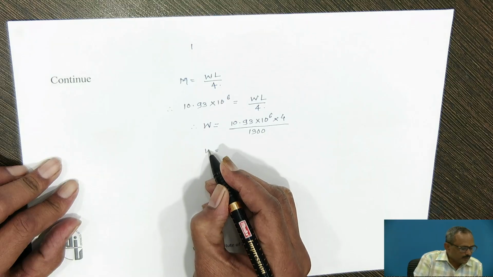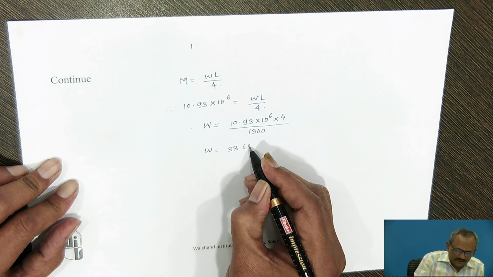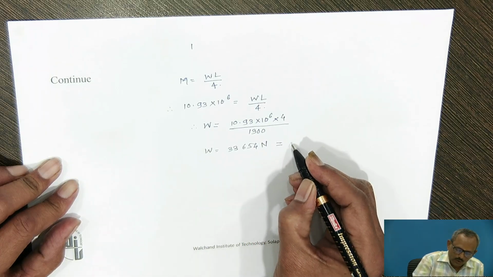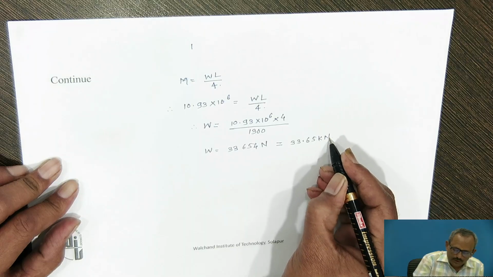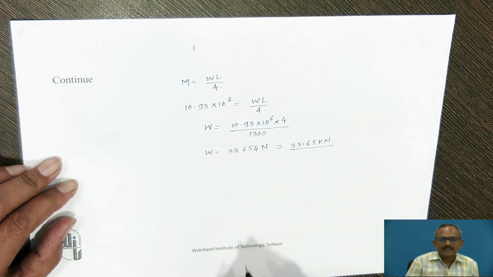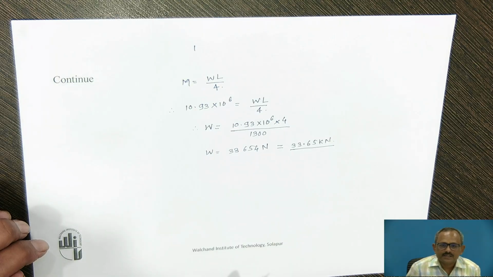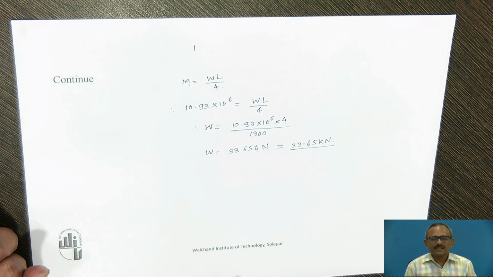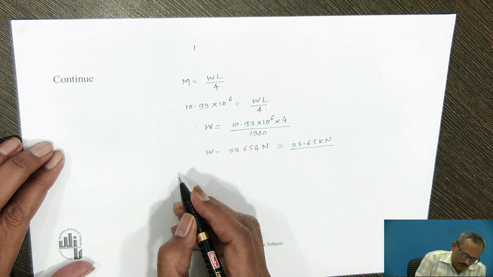So point load W is 33,654 Newton, that is 33.65 kilo Newton. So by using the bending stress formula, the load W is 33.65 kilo Newton.